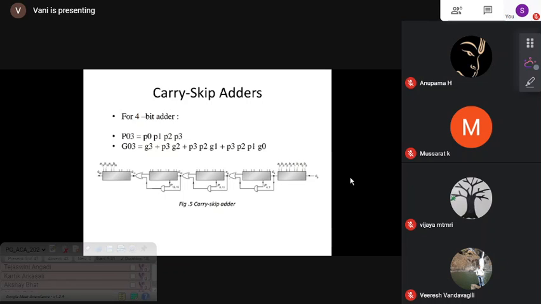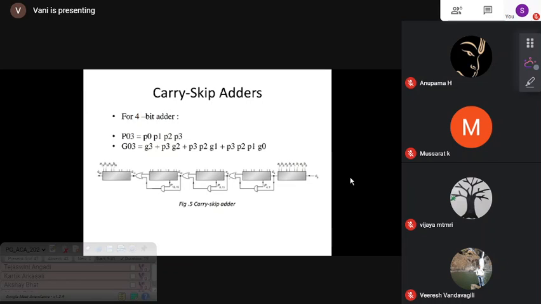So we can say that computing G is much more complex than computing P value. Computing P value is very easy as we just need to multiply the P values. So in carry skip adder, we only calculate the P values. We just ignore the G values.